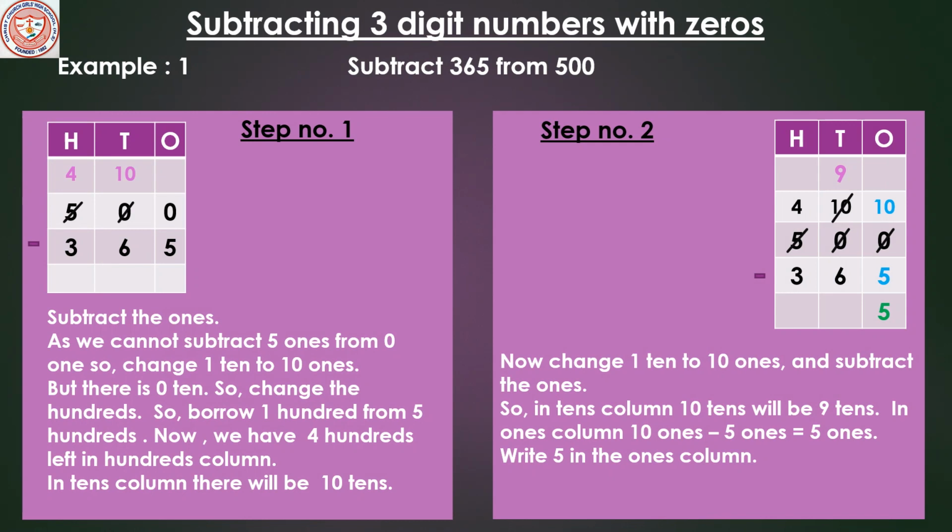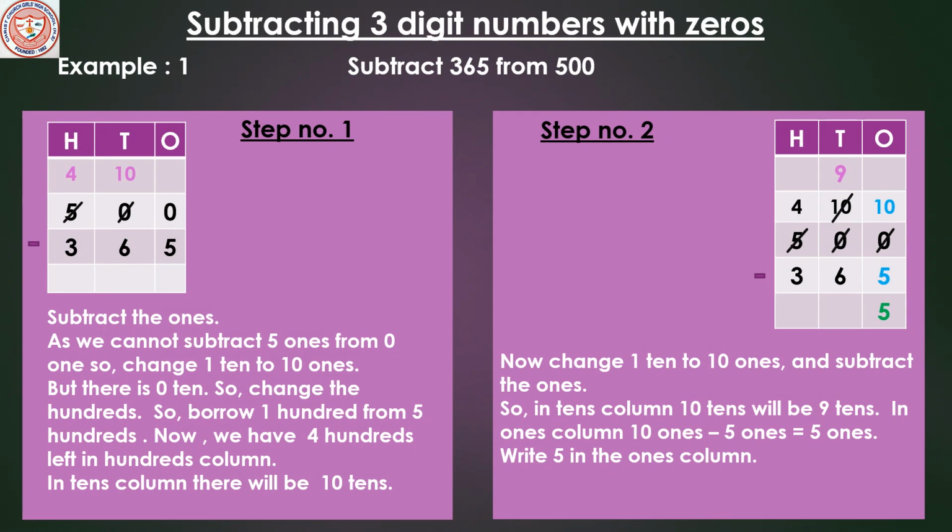And we cannot subtract 5 ones from 0 ones, because it is not possible to subtract a bigger number from a smaller number. So, we have to borrow 1 ten from the tens column.